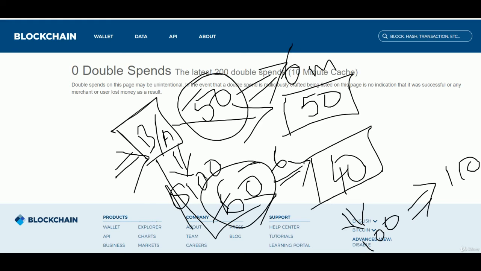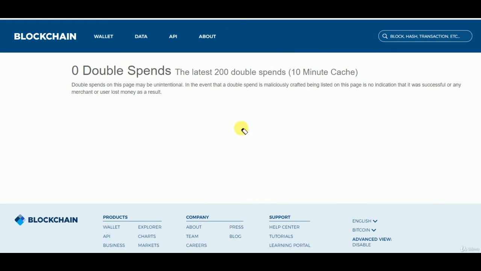One of the transactions is going to succeed and the other is going to be rejected. That's why a double spend problem is really difficult to occur in the blockchain, so you see here it is a zero double spend problem. This is also one of the important concepts we need to learn.